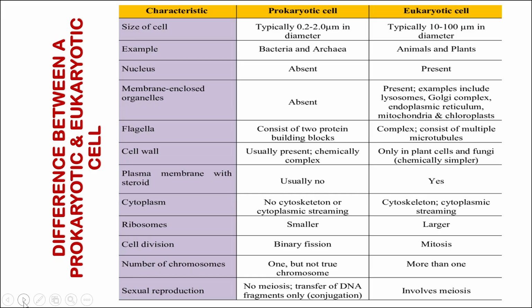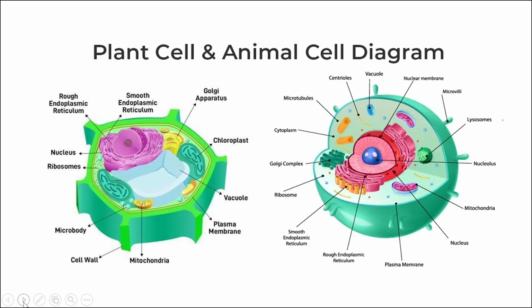Cell division happens by binary fission in prokaryotes and by mitosis in eukaryotes. The number of chromosomes is only one, and they are also not true chromosomes. In eukaryotes there are more chromosomes, 23 pairs of chromosomes. Sexual reproduction does not happen by meiosis in prokaryotes, just the transfer of DNA fragments by conjugation. Here it involves the meiosis process.